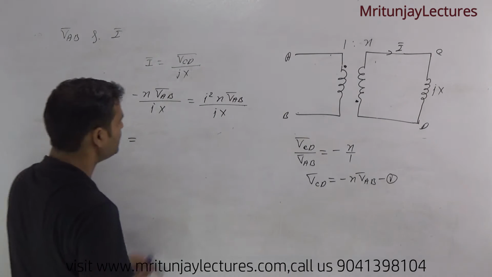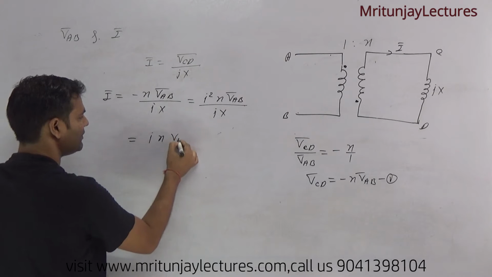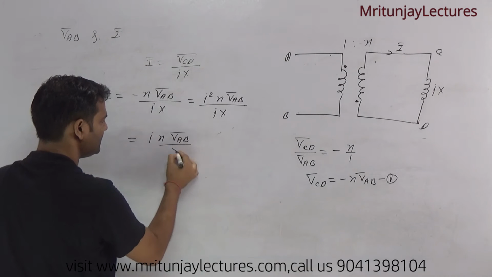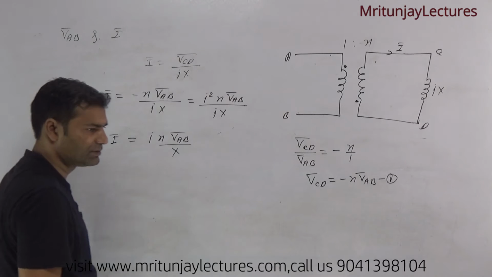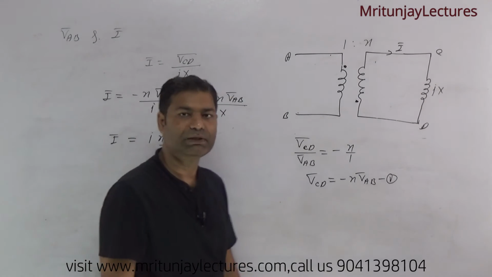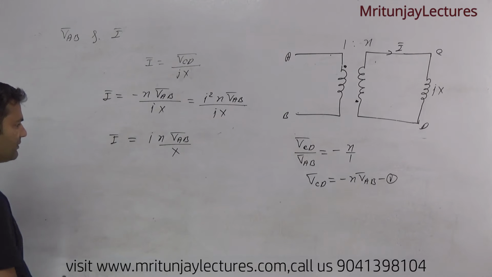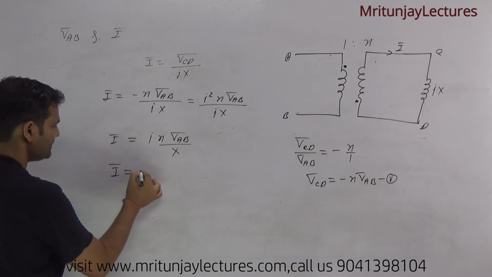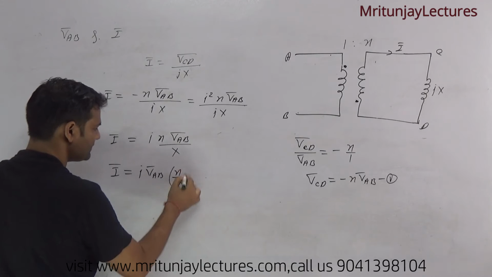Clear? So that is j into n V of AB divided by X. This is equal to j n V of AB divided by X. You can also write it as j V of AB into n divided by capital X.